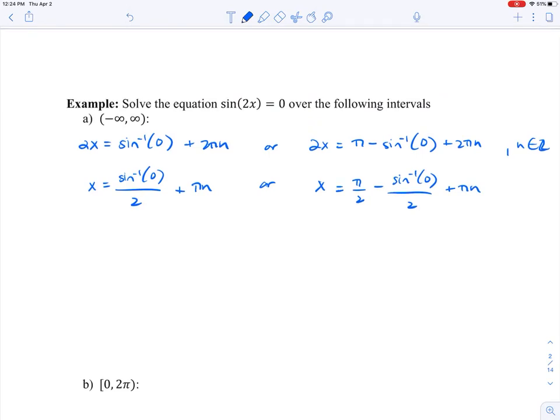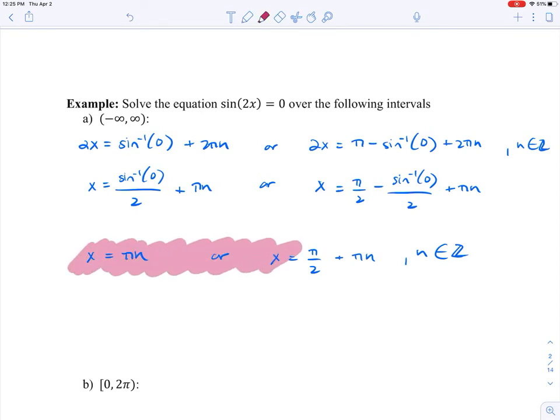Okay, so inverse sine of 0 is actually equal to 0. So that would mean this would become x equals just pi times n. Or x equals pi over 2, and it would be pi over 2 minus 0 plus pi times n. So it'll just be x equals pi over 2 plus pi times n, where n is an integer.